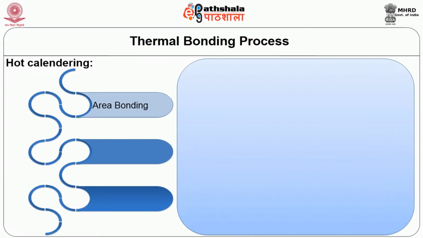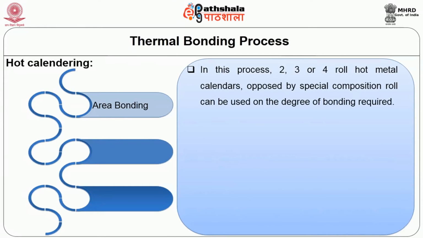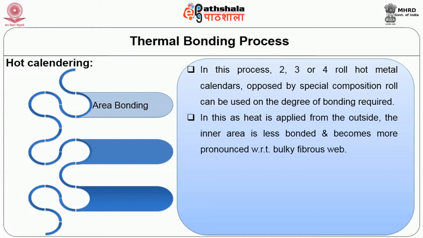Area bonding. In this process, 2, 3 or 4 roller hot metal calendars opposed by a specially composed roll can be used depending on the degree of bonding required and the weight of the batt. In this process, as heat is applied from the outside, the inner area is less bonded, which becomes more pronounced with respect to bulky fibrous webs.